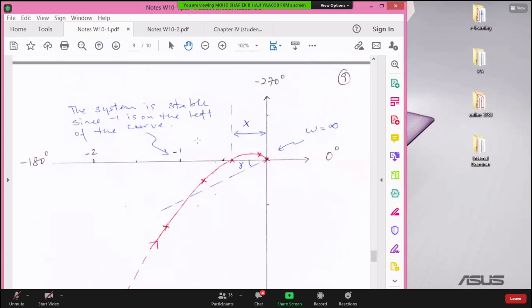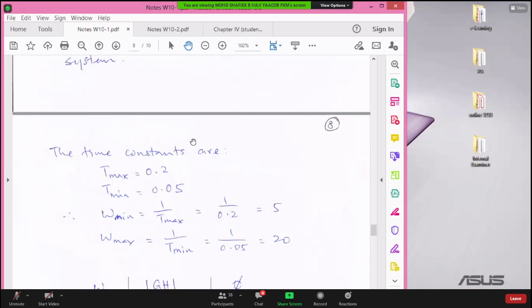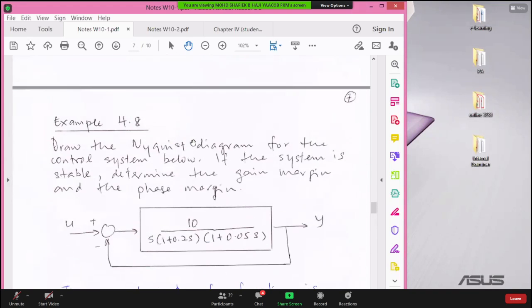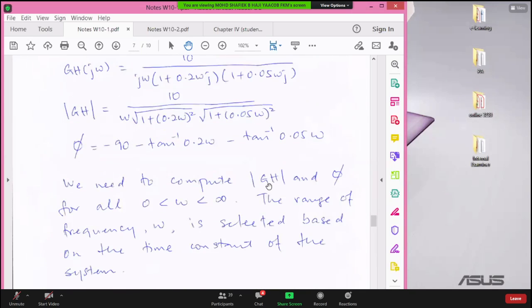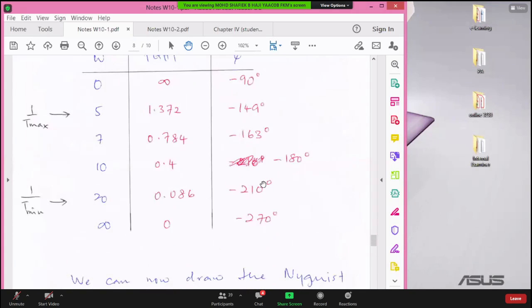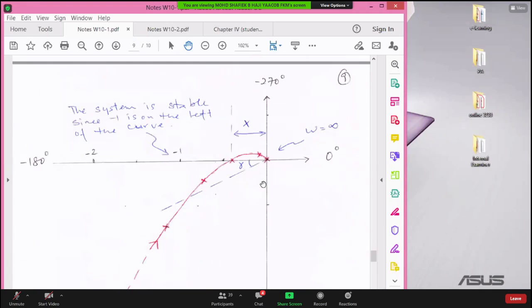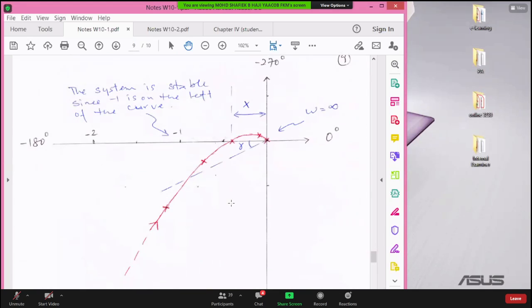So for a stable system, we can now compute the gain and phase margin. If you draw this diagram to scale, you can just measure this angle. So draw a circle of radius 1.